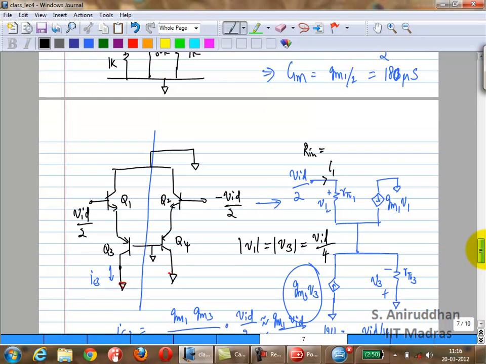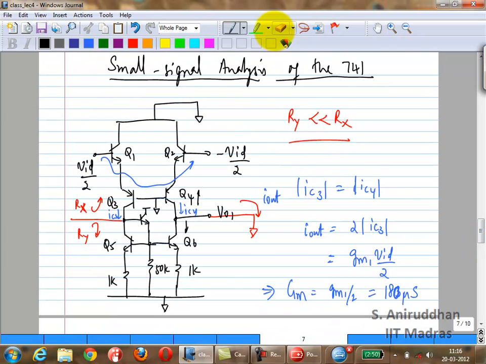To calculate output impedance, you go back here. It will be this output impedance in parallel with this output impedance. What is the output impedance looking down into such a circuit? What is R down? I'm going to call this ROD. What is this?